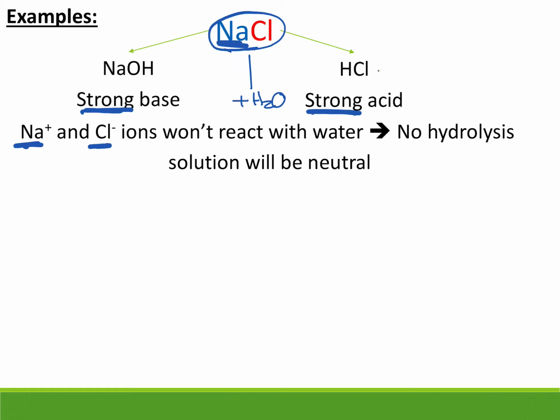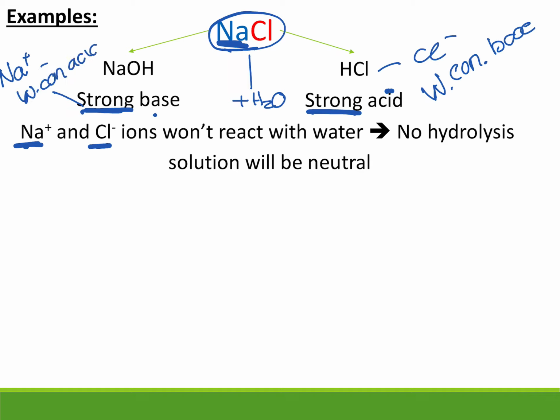Okay, the Cl- is the strong acid's conjugate base, but it's the exact opposite of a strong acid, so it's a weak conjugate base. The strong base forms, the Na+ essentially forms a weak conjugate acid. Okay, don't worry about the fact that it doesn't have a hydrogen for now, that doesn't matter.